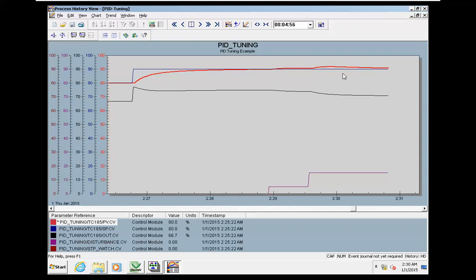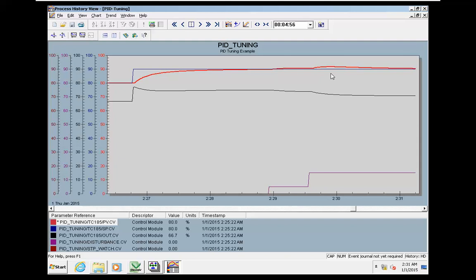There are many other ways to compensate that quickly, like the feed-forward application, that is out of the scope of this example. So in summary, we have used the new PID tuner for DeltaV, and I'm very happy with the result.